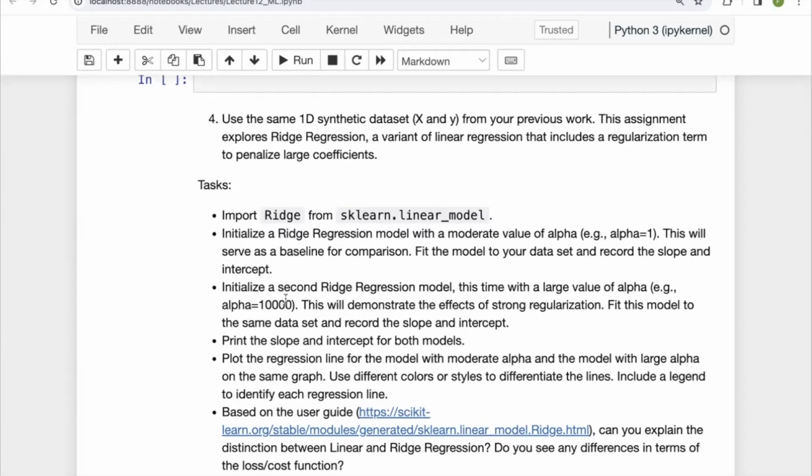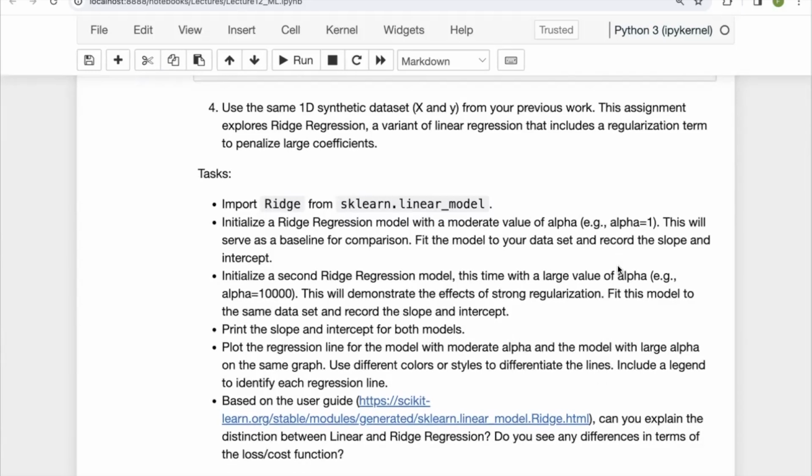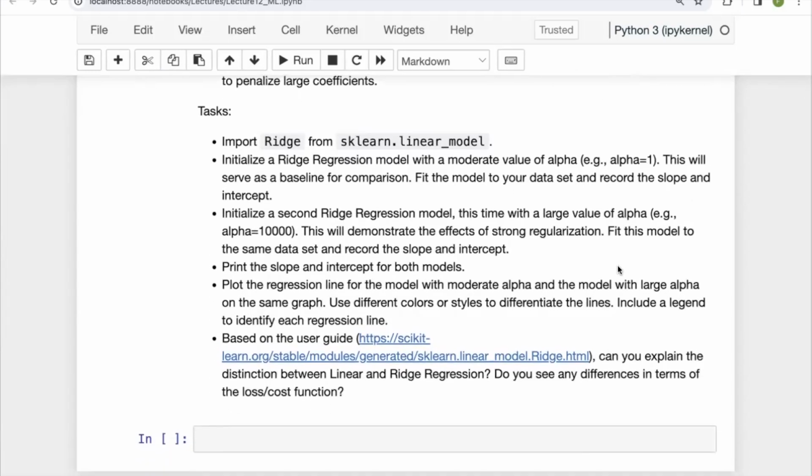Therefore, in this problem, we just want to show you how you can use the knowledge that you have and extend this to solve another problem where you are here using this ridge regression. So here you have the documentation, some information provided here that you have to provide about an alpha parameter. But this gives you a really good idea of how you can apply your knowledge to use other existing machine learning algorithms in scikit-learn.